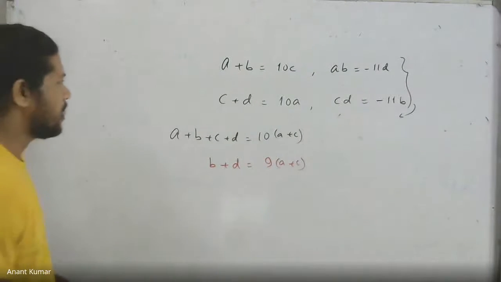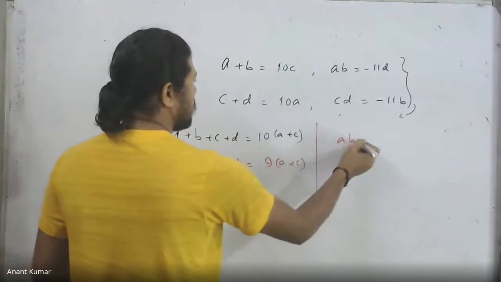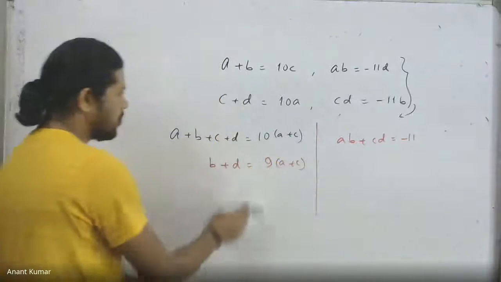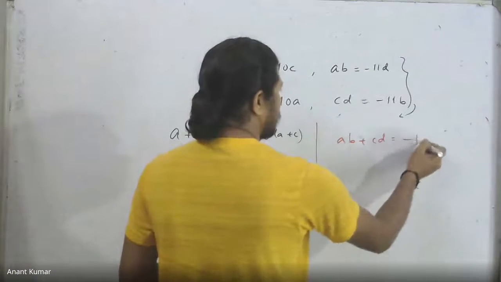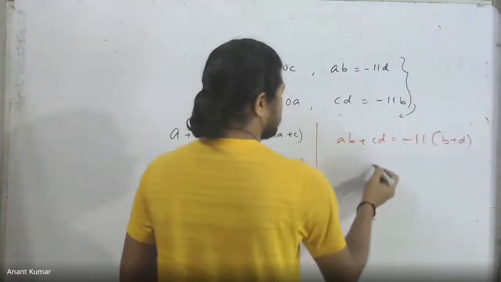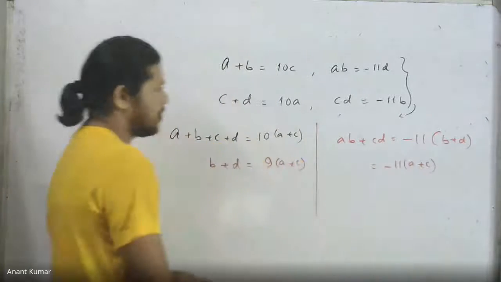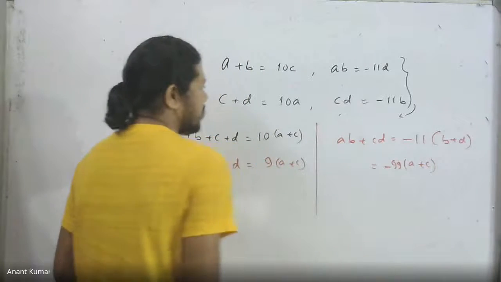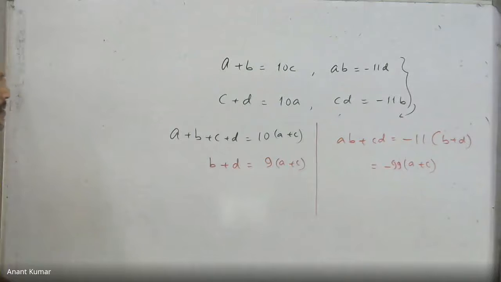We might eliminate it, but in this case, A plus C is minus 11 times B plus D, which is nothing but 99 times A plus C. But that is not going to be useful, it seems. I get 99. If I divide by, no, that won't be useful.